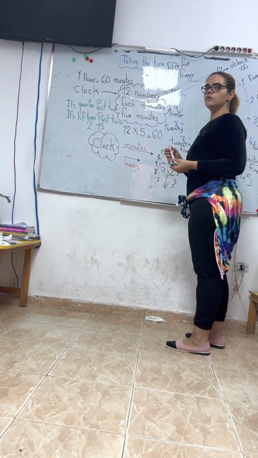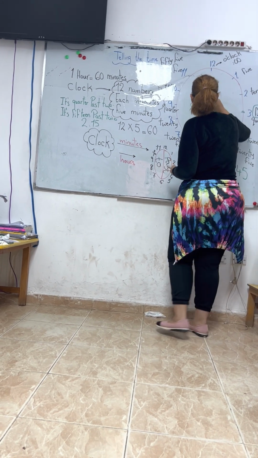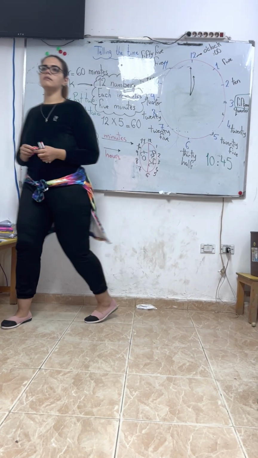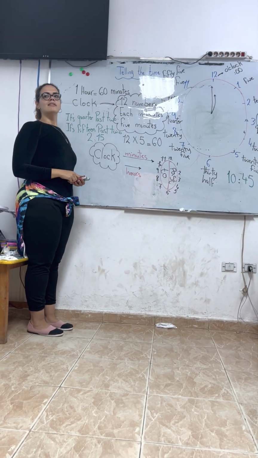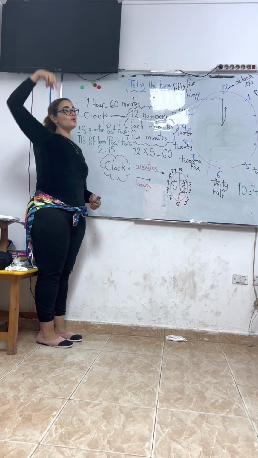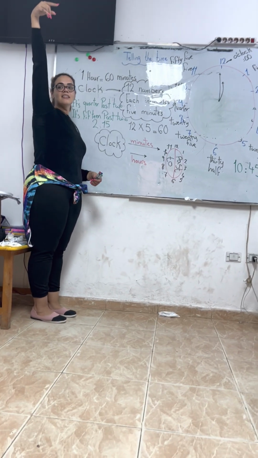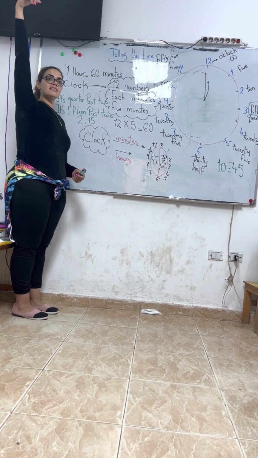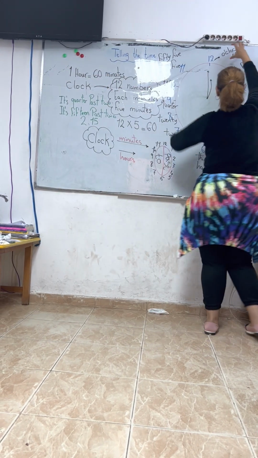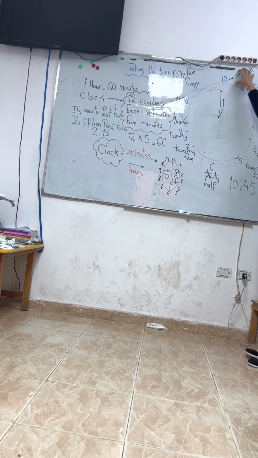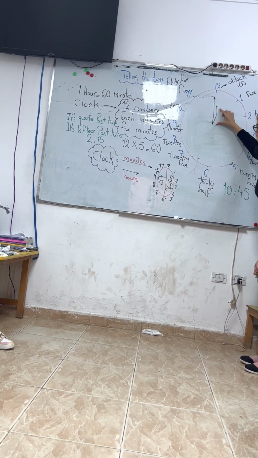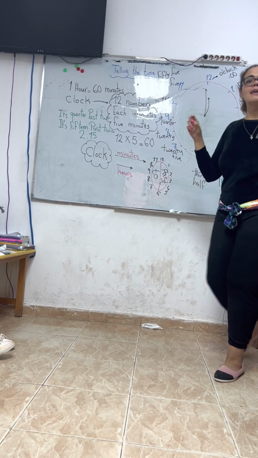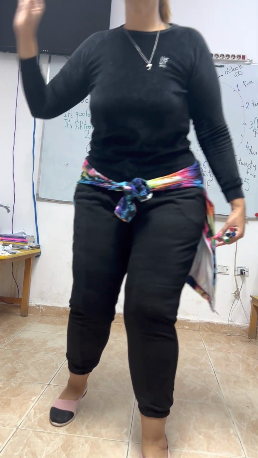Okay, another one. Yusuf, this is for you. Concentrate. The biggest one for 12, the smallest one for 12. What is the time? The biggest one indicates minutes, and we say o'clock. The smallest one indicates hours. How many hours? It's 12 o'clock.